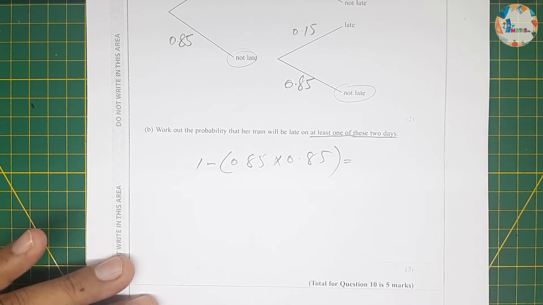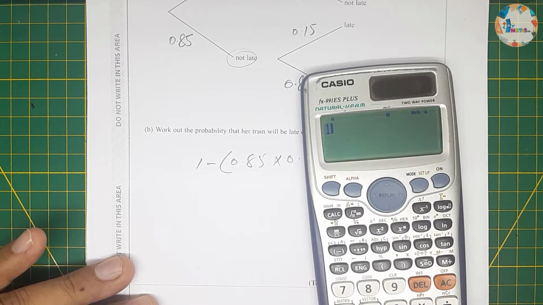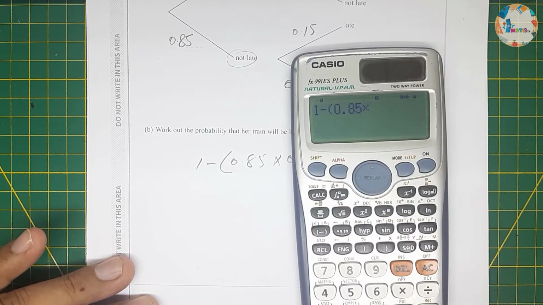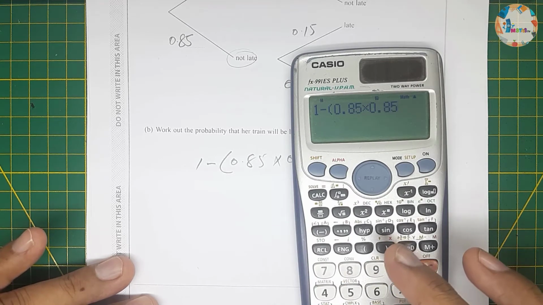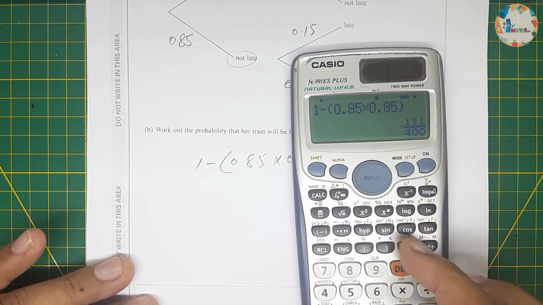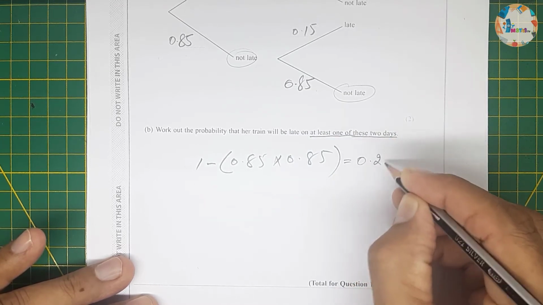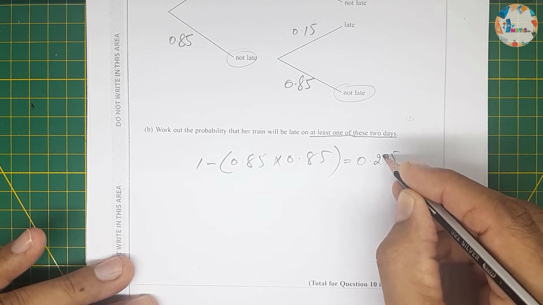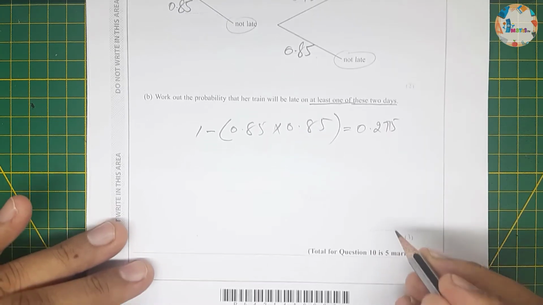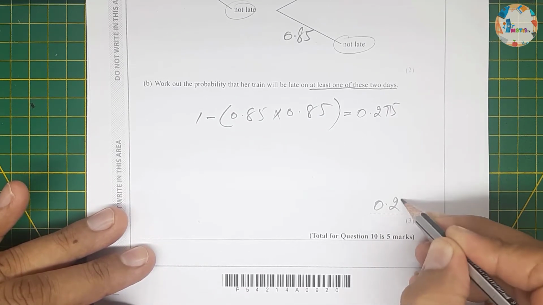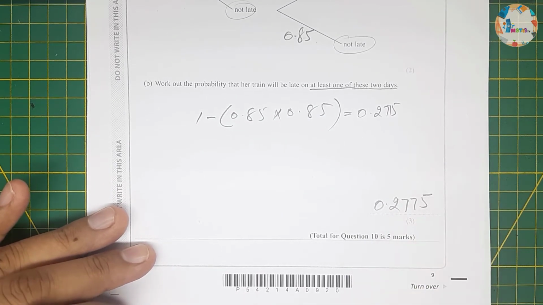This gives us 1 minus 0.85 times 0.85, which is 0.2775. So our answer will be 0.2775. This will be our final answer.